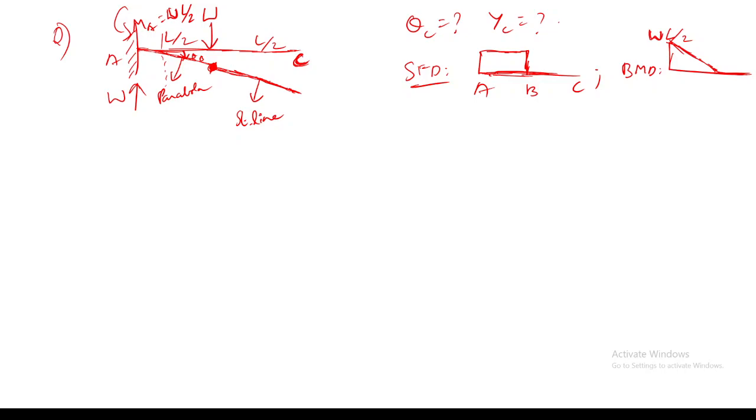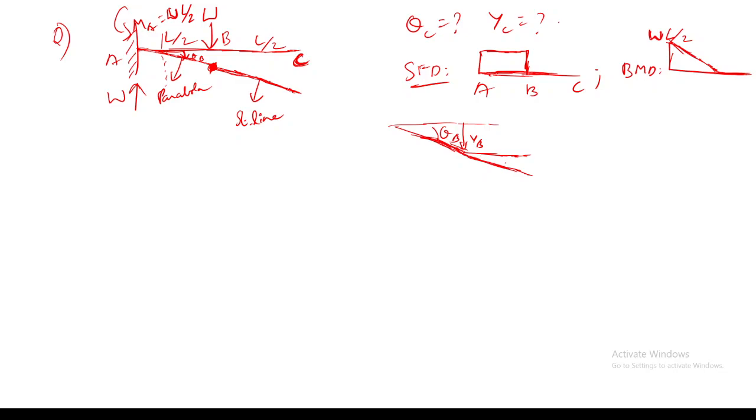See, this is B. From A to B it is a parabola, and from B to C it is a straight line. At B, I am having a slope value theta B. This is let's say YB, and from here on I am having a straight line like this.